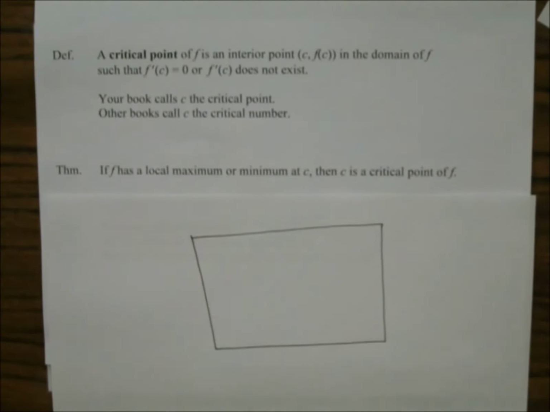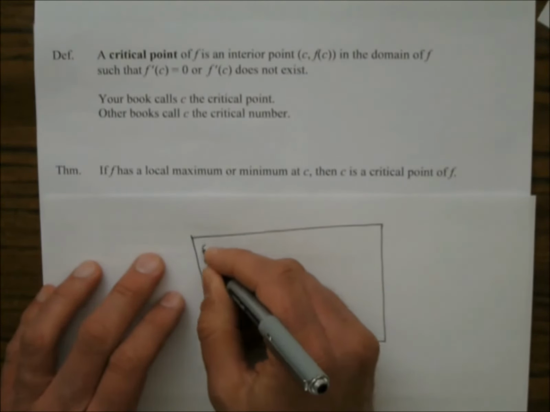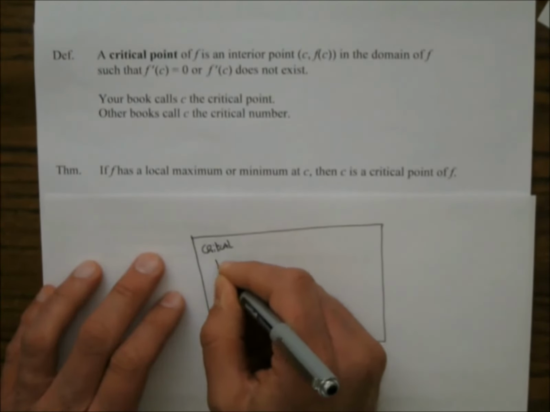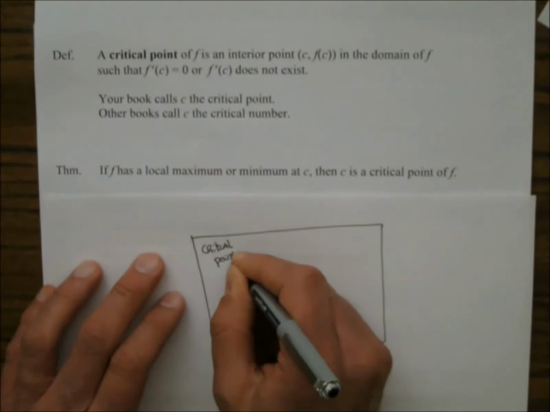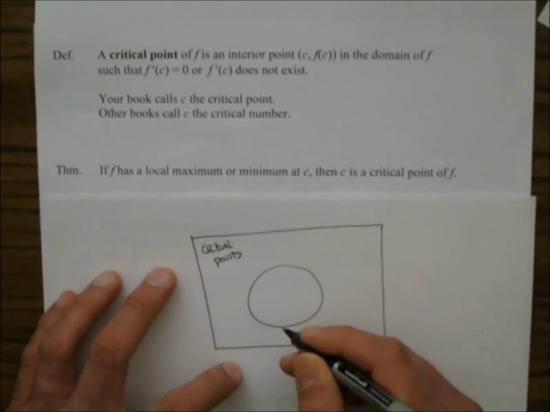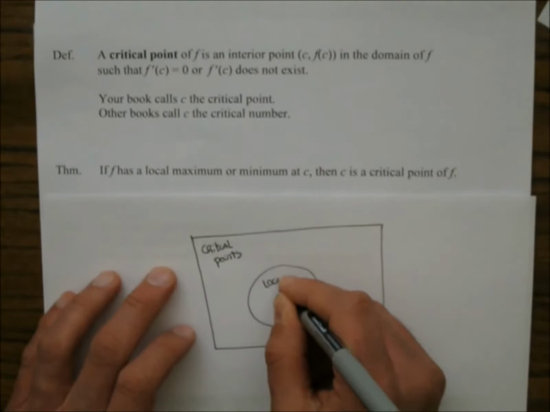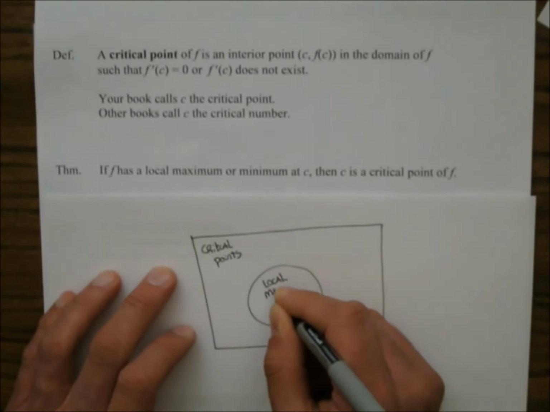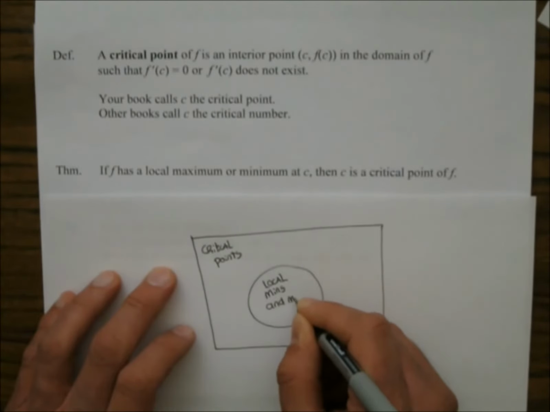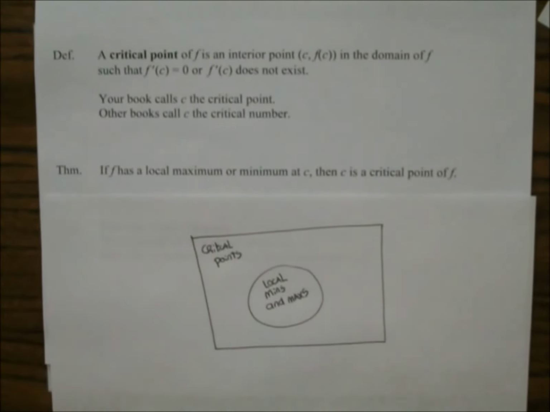So I have a Venn diagram where I'll say, here are critical points, and inside this I have local mins and maxes. And so that is what we have here.